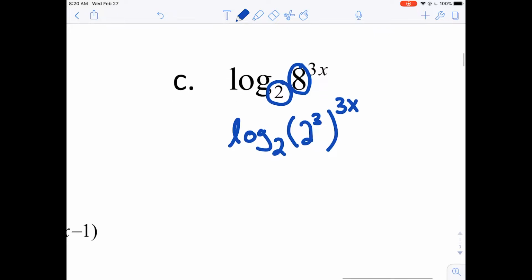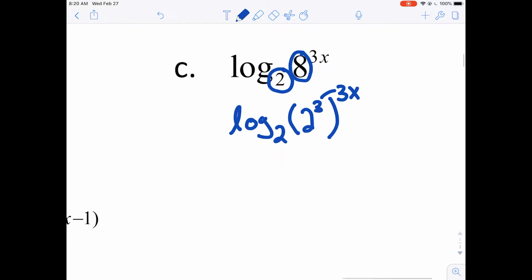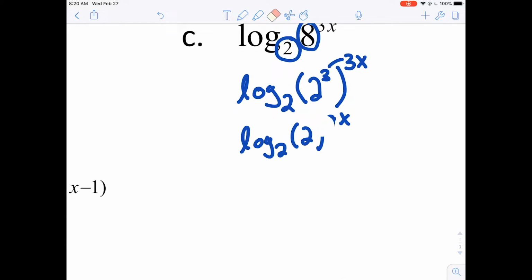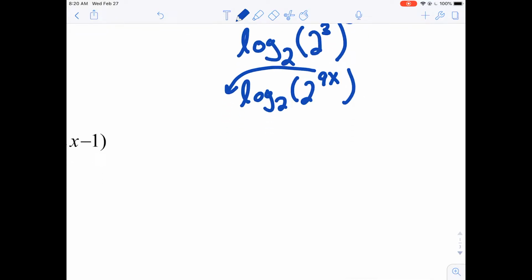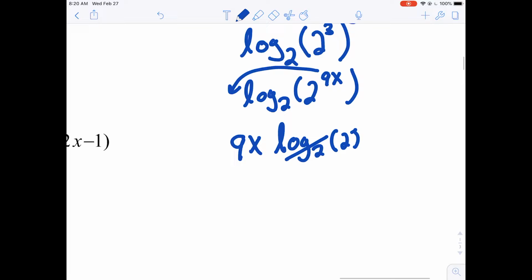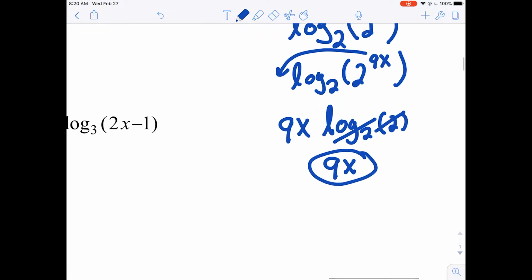So 3 times 3 here gives us log base 2 of 2 to the 9x. Then we can drop that down to the front: 9x log base 2 of 2. Now this and that become 1, so we just get 9x.